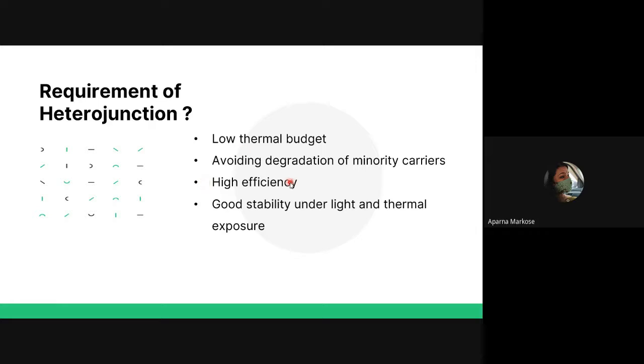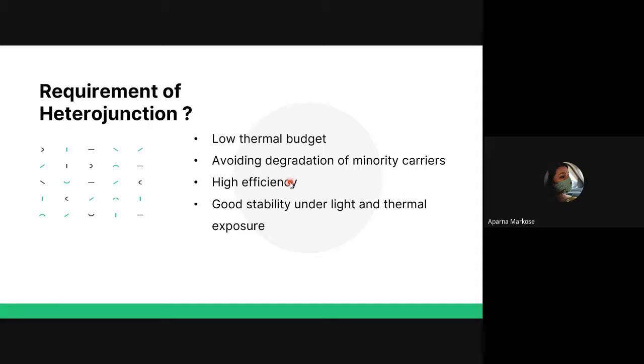And another thing is avoiding degradation of minority carriers. This specific cell structure reduces it, its thickness is very small. Degradation of minority carriers: when electrons and holes are generated when the sunlight is falling on the material, the bulk material itself, while they travel through it, takes most of the carriers and recombines them.